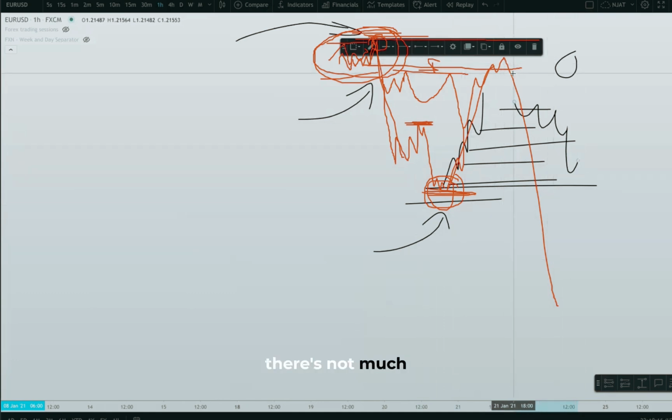There's not much thought you need to put into it, other than, well, there is, but the point is here, it all starts with first identifying this ideal price delivery, because then we can always allow ourselves to be on the same page as BFIs, because we're following how they deliver price essentially and their footprints.